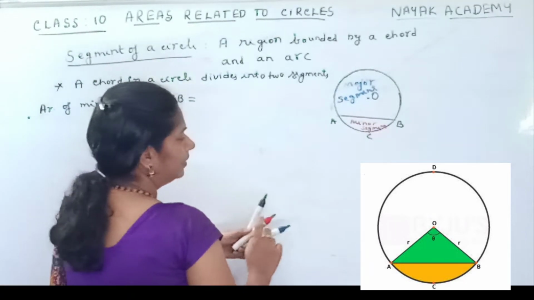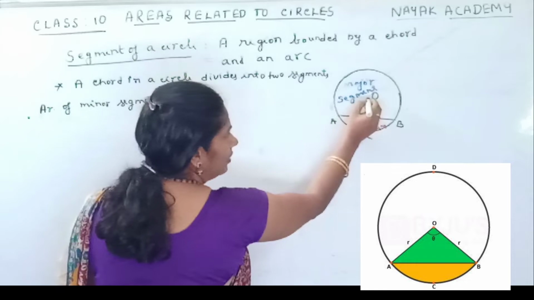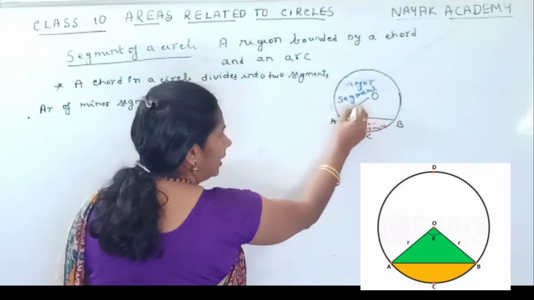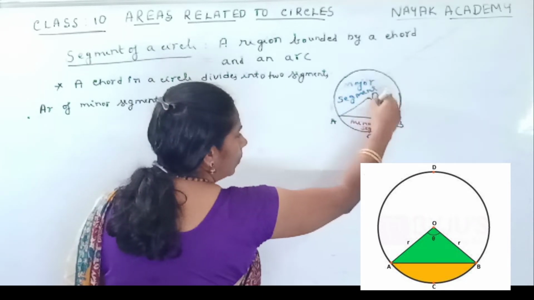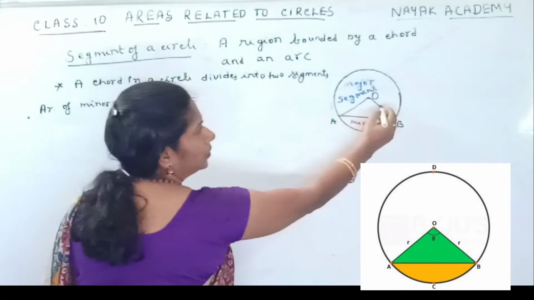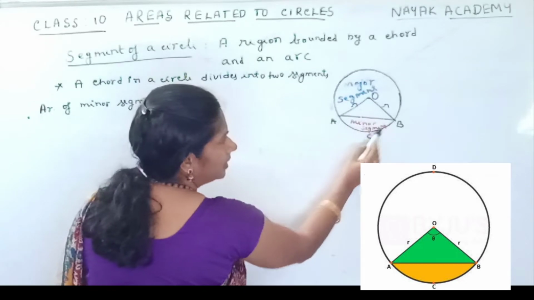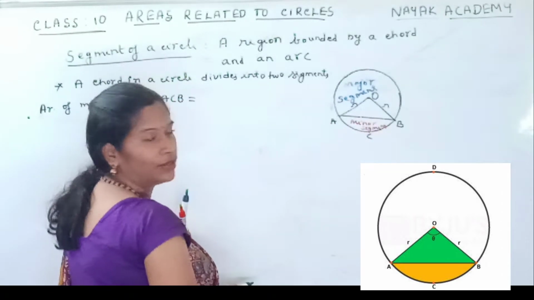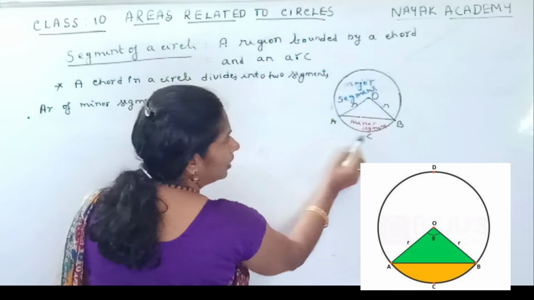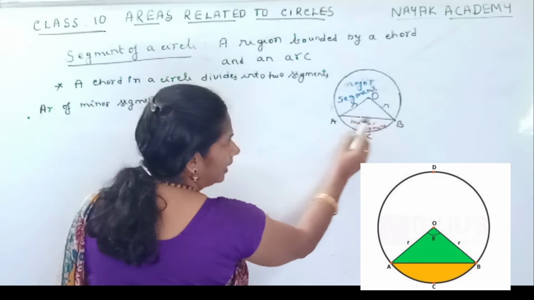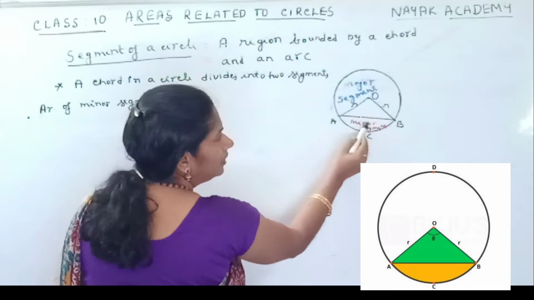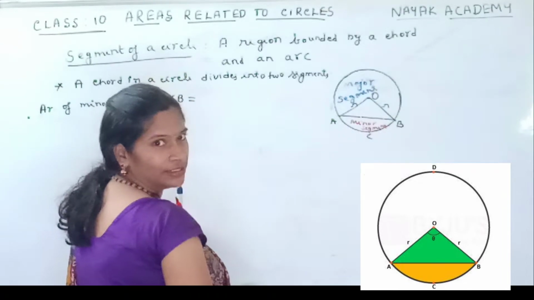Now let us find the area of the minor segment. How to find the area of the minor segment, children? Now I will join OA and OB. These are the two radii of the circle. OACB is called sector of a circle. From the sector of a circle, if you subtract area of a triangle, you will get area of the minor segment, isn't it?